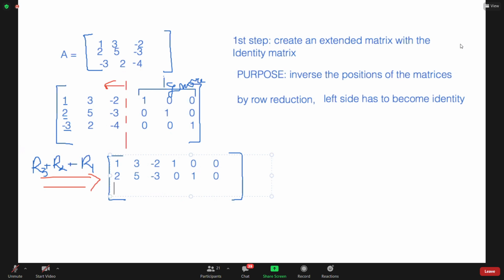And now the changed row, row 3 plus row 2 plus row 1. -3 plus 2 plus 1 will become a 0. 2 plus 5 plus 3 will become a 10. -4 -2 -3 will become a -9, I think. 0 plus 0 plus 1 will become a 1. 0 plus 1 plus 0 will become a 1. 1 plus 0 plus 0 will become a 1. This is the first change that we have done to our matrix. We have already obtained the first 0.